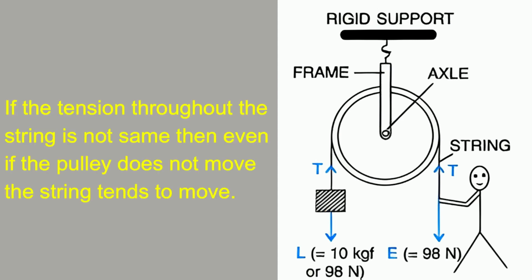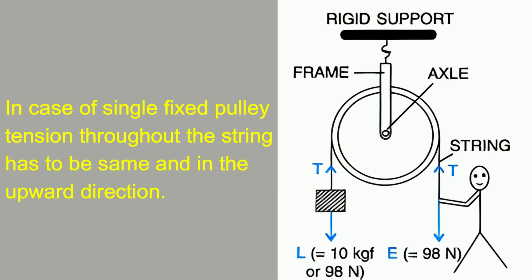But it is also true that if the tension throughout the string is not the same, then even if the pulley doesn't move, the string tends to move. You need to remember that in case of a single fixed pulley, the tension throughout the string has to be the same, and it is always in the upward direction.